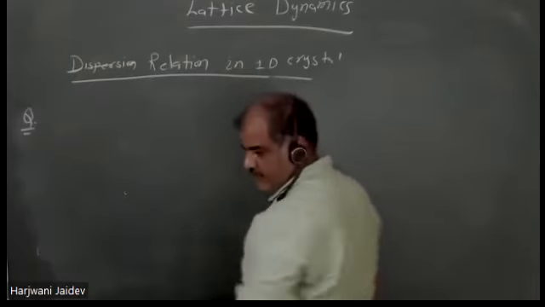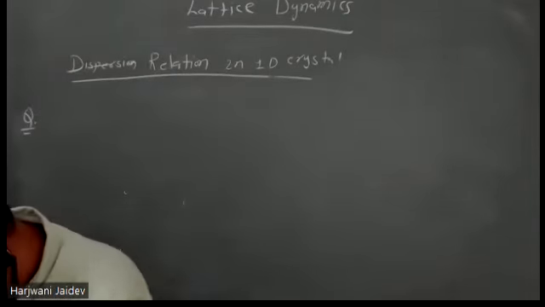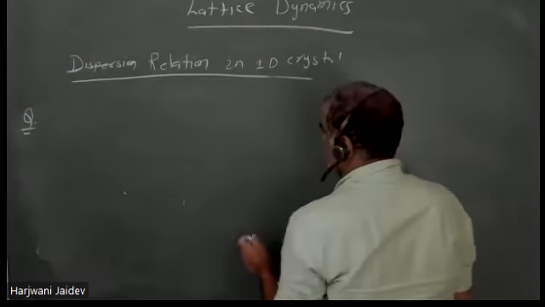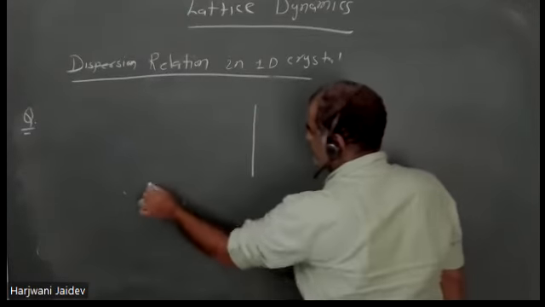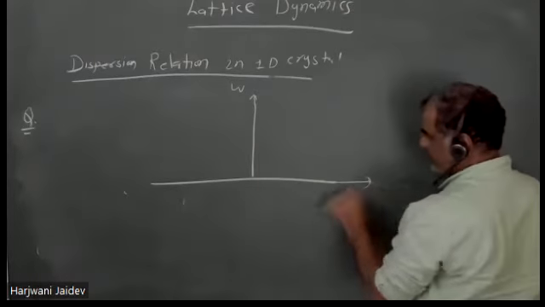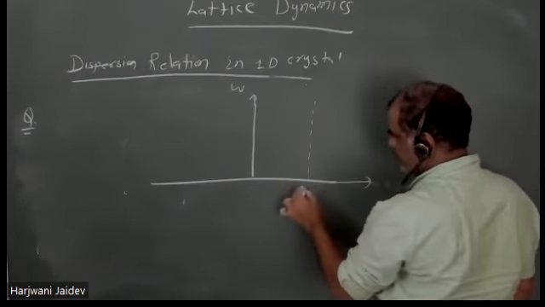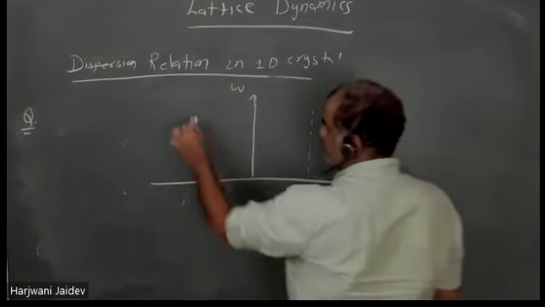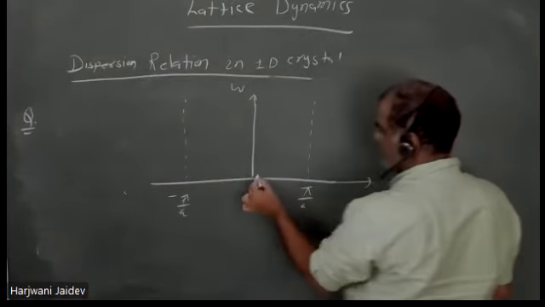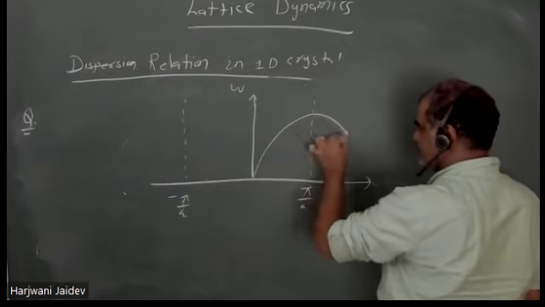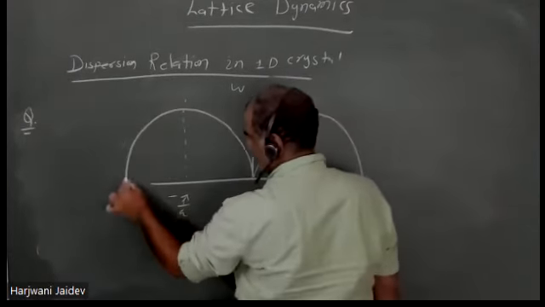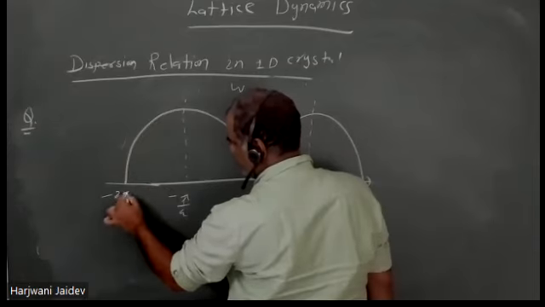This was your dispersion relation. Now we have seen that we have this omega versus k relation. From minus π/a to π/a is the 1D crystal, and my graph is coming like this, up to minus 2π/a.